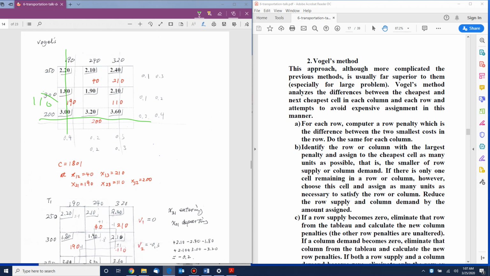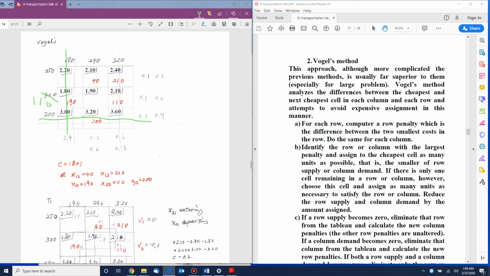So we put that 110 here, and the remaining one is 210. Okay, and then the remainder for source 1 is 40, and that's the 40 we put into cell 22.